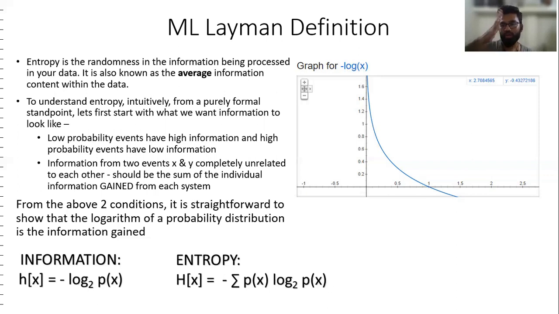So we take the negative log so that we get an upward curve, because it would not make sense if information is just negative all the time. This negative logarithm is essentially because probability is a number between 0 and 1.